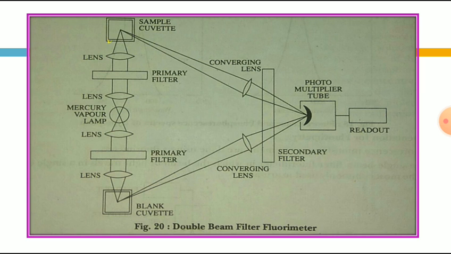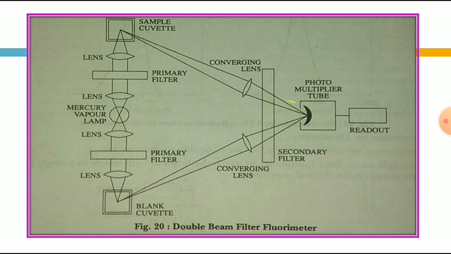That fluorescent radiation along with the remaining UV light will again go through the converging lens from both sides, from the blank as well as the sample, and fall on the secondary filter. This secondary filter will absorb the UV light and only pass the fluorescent radiation coming from the sample as well as the blank cuvette.